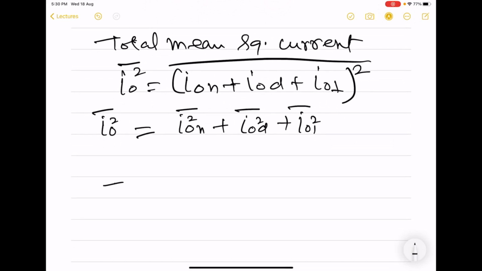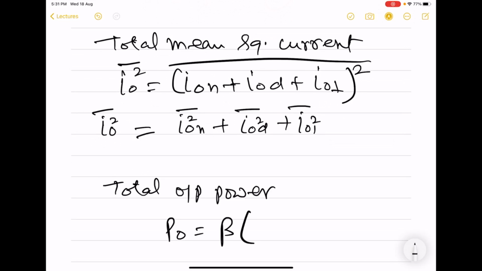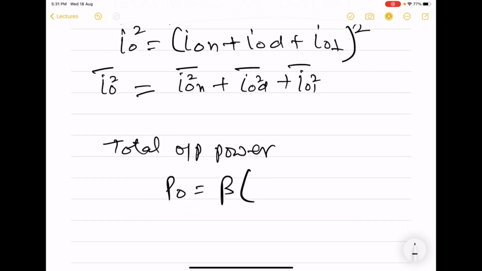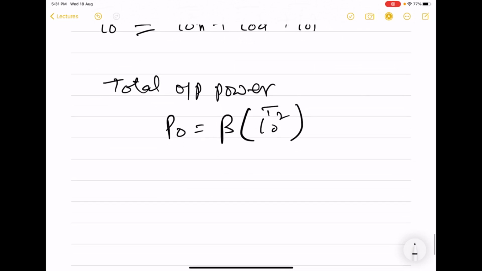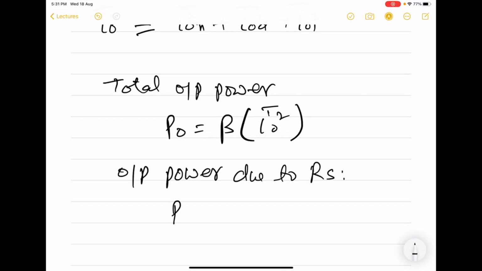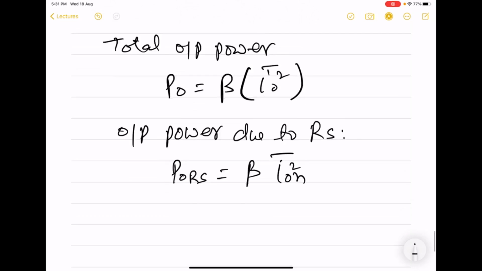So the total power is going to be a constant, dependent upon the load and the output impedance for the Norton model, into IO mean square, and the output power due to RS is going to be the same factor multiplied by its mean square current.